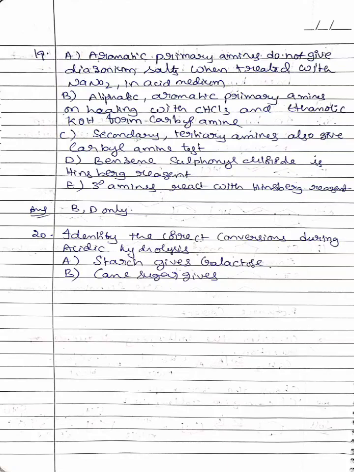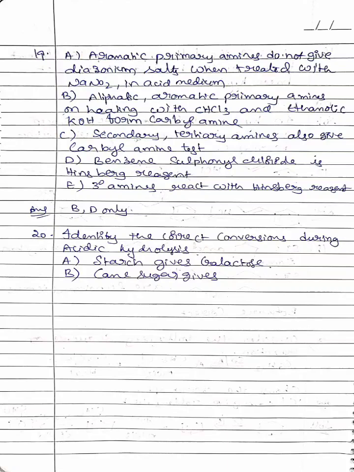Next one, aromatic primary amines do not give diazonium salts when treated with NaNO2 in acidic medium. Aliphatic primary amines on heating with chloroform and ethanolic KOH form carbylamine. Secondary, tertiary amines also give carbylamine test. Benzene sulfonyl chloride is a Hinsberg reagent, and tertiary amines react with the Hinsberg reagent. Among these statements, they have asked only for the correct statements.